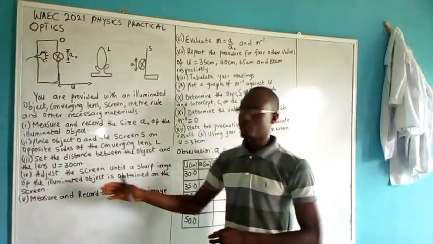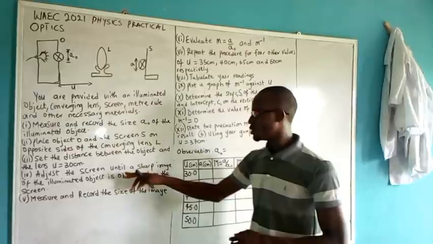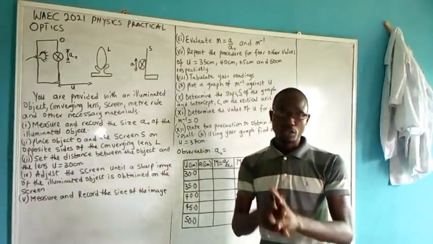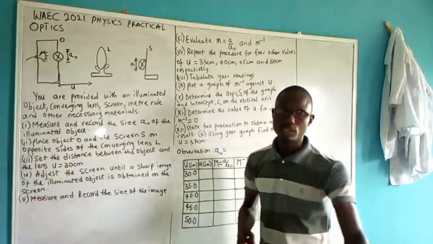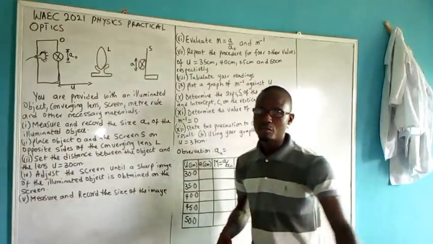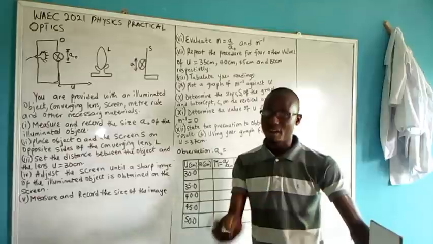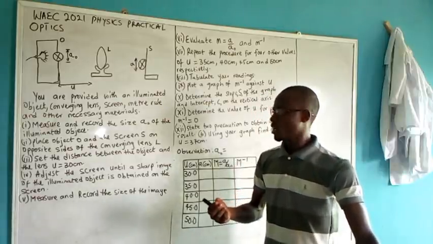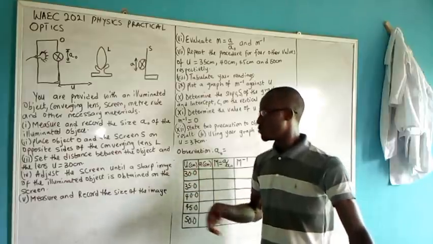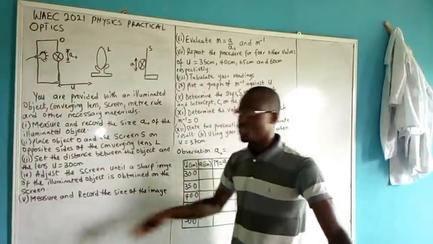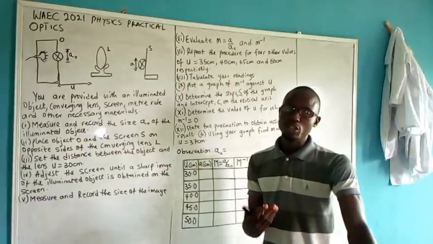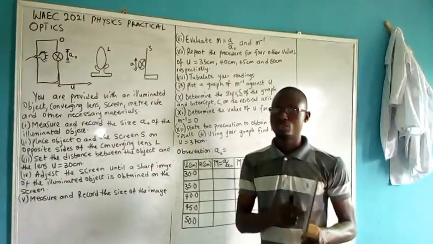So now we move on. Adjust the screen until a sharp image of the illuminated object is obtained. We are going to adjust the screen, move it either forward or backward, until we observe a sharp image of the object. Then measure and record the new size of that image on the screen.